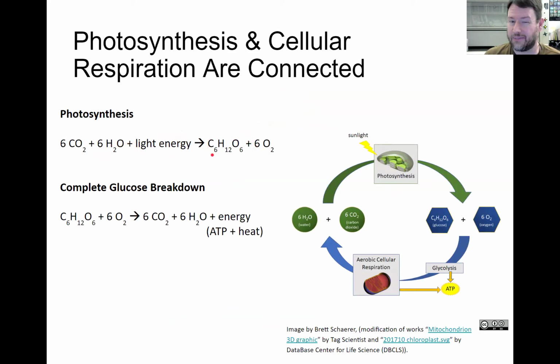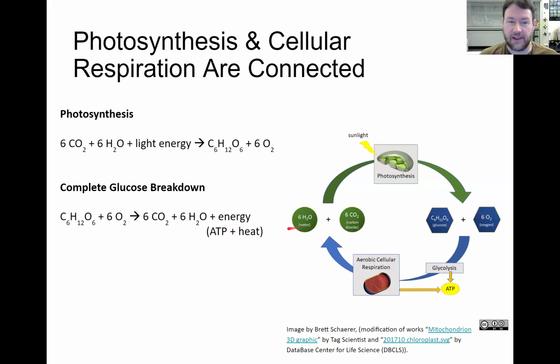Here I have glucose, but there's a variety of sugars that could be produced by photosynthesis. And in the process, release oxygen. Complete glucose breakdown by aerobic cellular respiration would be the exact opposite, except instead of releasing light energy, that energy comes out in the form of ATP and some heat.